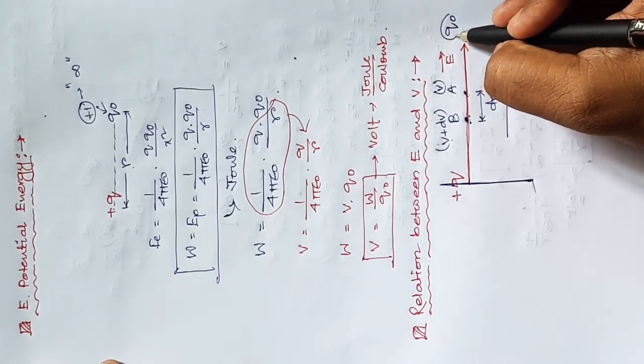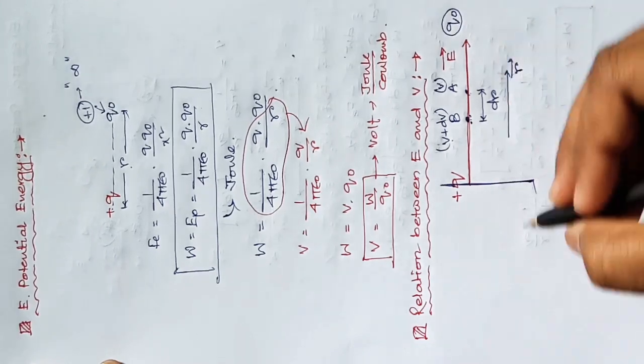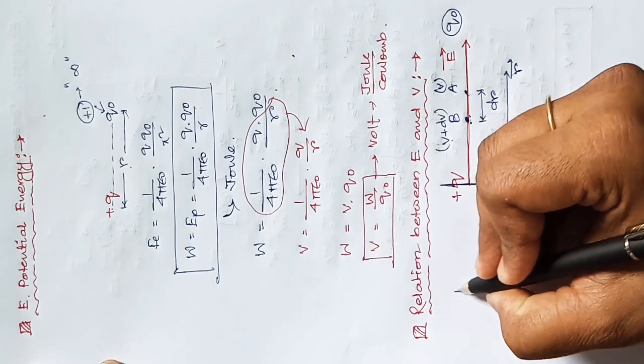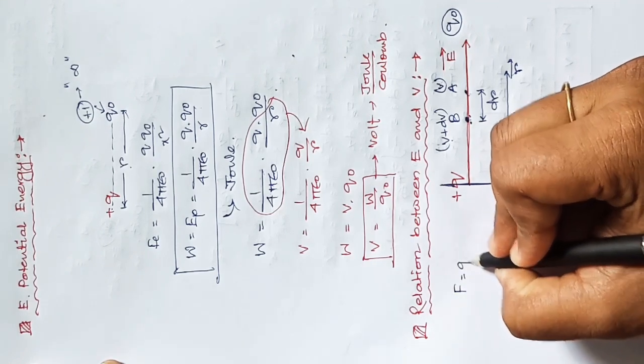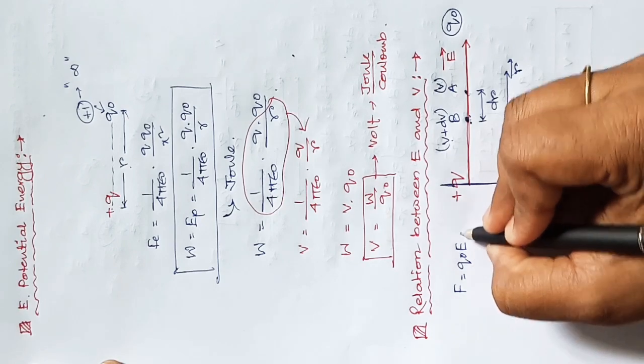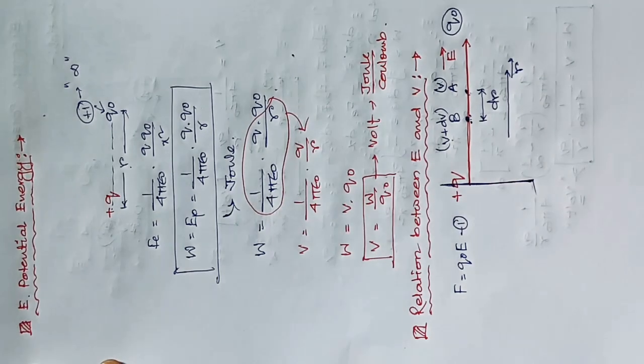acting, suppose this is the test charge q naught, so the force acting on this test charge due to this electric field, we can write F equals to q naught into E. This is the force experienced by this test charge, equation number 1.